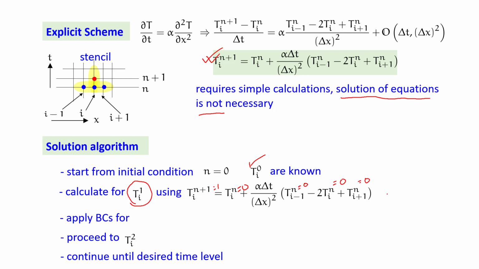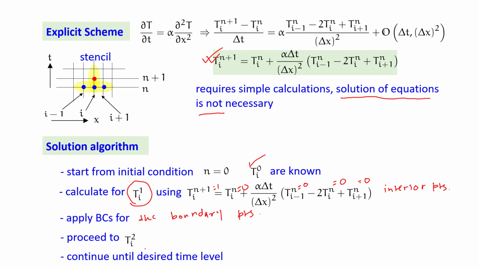Once I calculate T_i^1 in the interior points, I can now apply boundary conditions for the boundary points. After I apply the boundary conditions, my entire T^1 is now known.